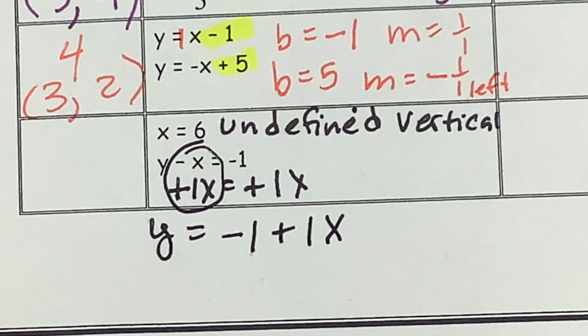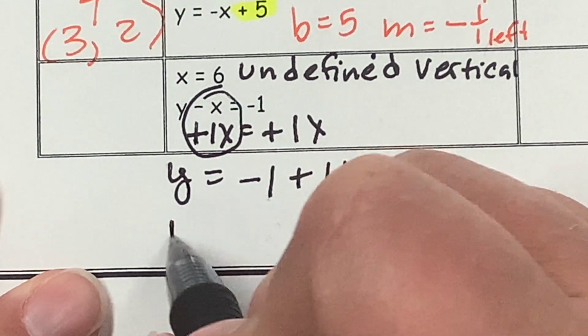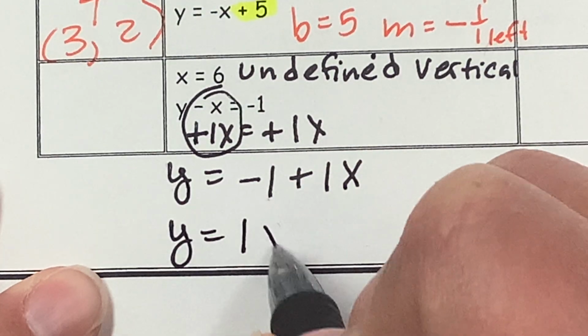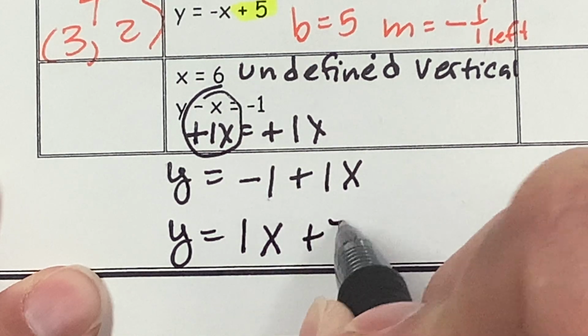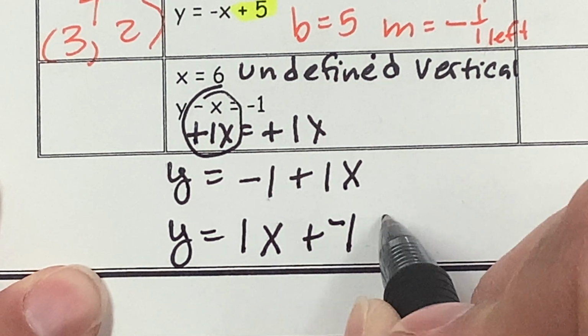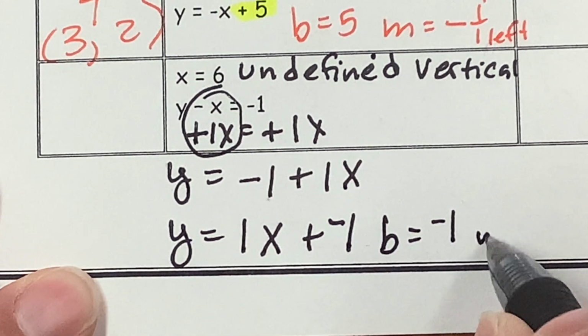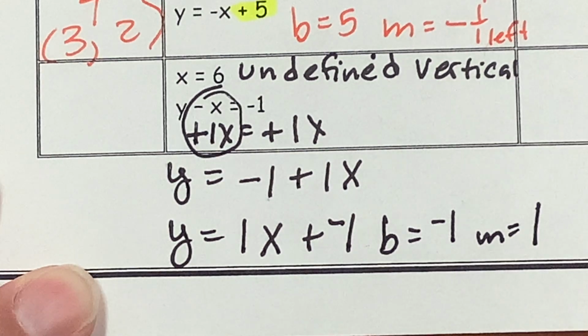But that's not y equals mx plus b form. I have to switch those to get y equals 1x plus negative 1. This negative 1, that's going to be my b at the back, negative 1. And my slope, m, positive 1. So I'm going to start at negative 1, and I'm going to go up 1 over 1, up 1 over 1.